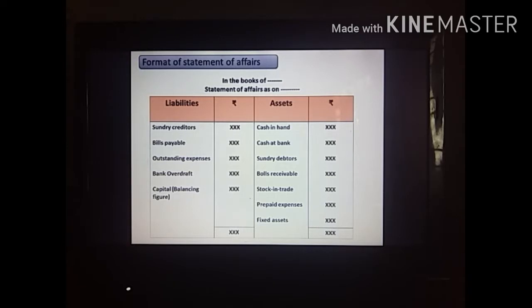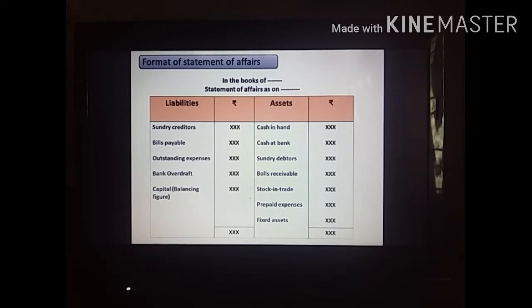In the middle, at the top, you have to write "In the books of" and whatever name is given in your sum, followed by "Statement of Affairs as on" whatever date is mentioned in your sum.